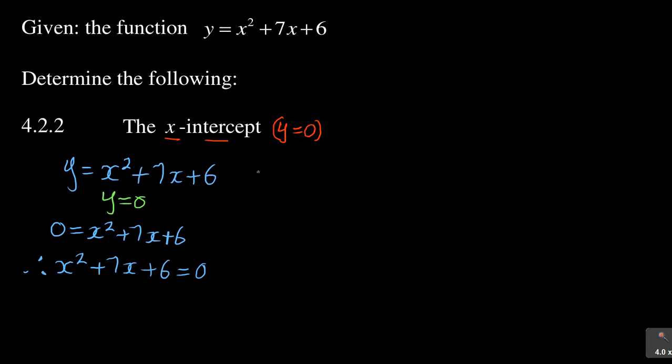As you can see, this is a quadratic equation. Why? Because the highest exponent of x there is x squared. So you have to solve it. You have 2 ways. You can solve it using the product sum, but one quick method that one can encourage is to use the quadratic formula.